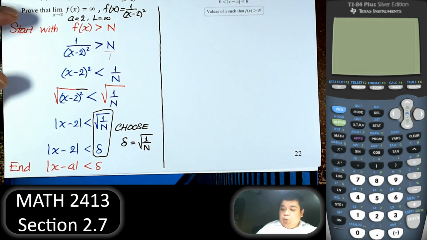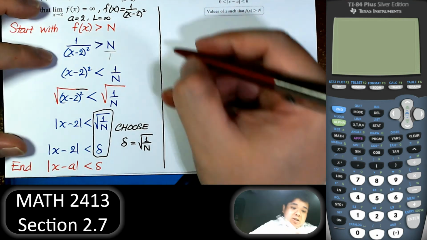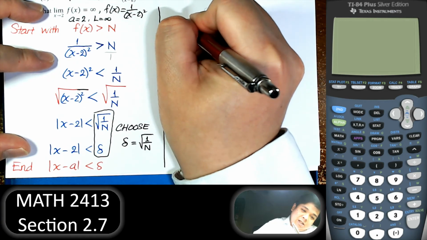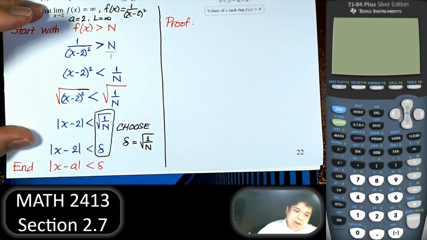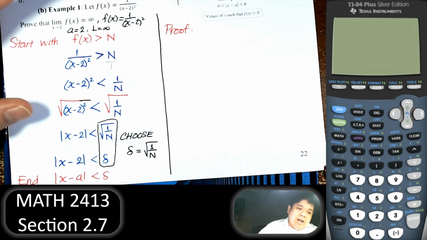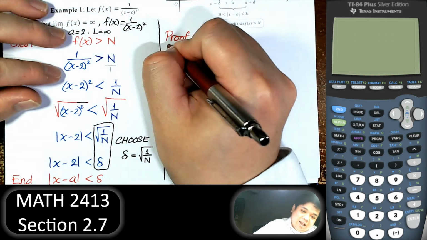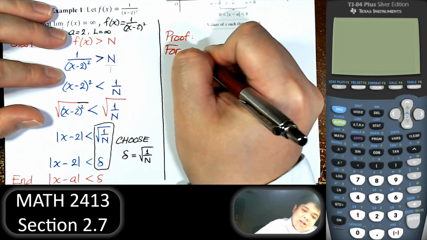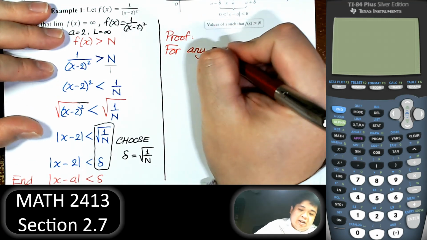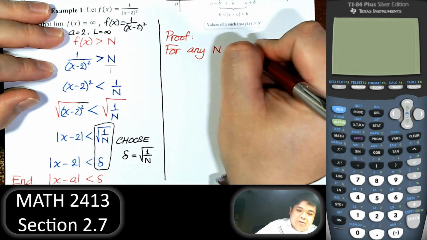Right, and the proof, we will write them in reverse. Right, proof. We'll need to have this for any positive n.